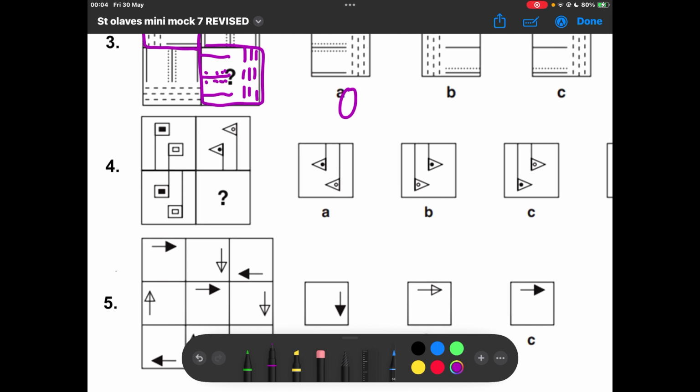Next question. So with the smaller one, both the colours have swapped around. Black becomes white, white becomes black. So the small one is attached to another small one facing the opposite direction. So here I'm going to have one, but it was black, now it's going to be white.